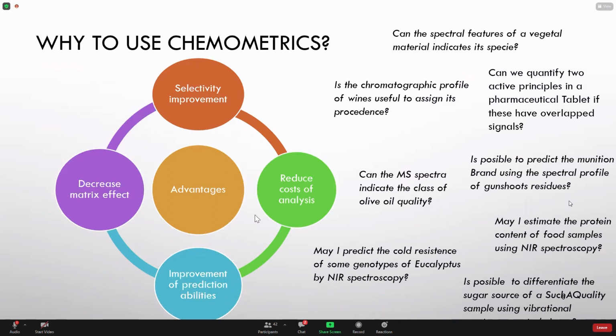With this kind of method, we can answer questions like the ones you have here. For example, can the spectral features of vegetal material indicate its taxonomic species? Yes, it was answered some years ago, and yes, that's true, it can. Is the chromatographic profile of wine used to assign its process? Maybe yes, maybe not.